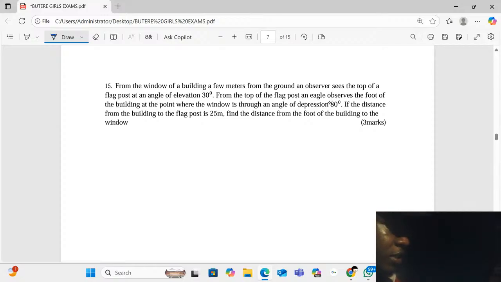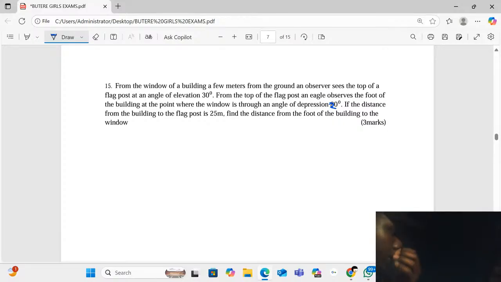You can have it as 20. So the angle of depression is 20 degrees. If the distance from the building to the flag post is 25 meters, find the distance from the foot of the building to the window.